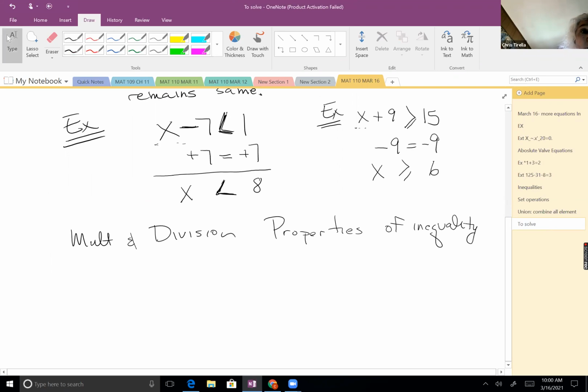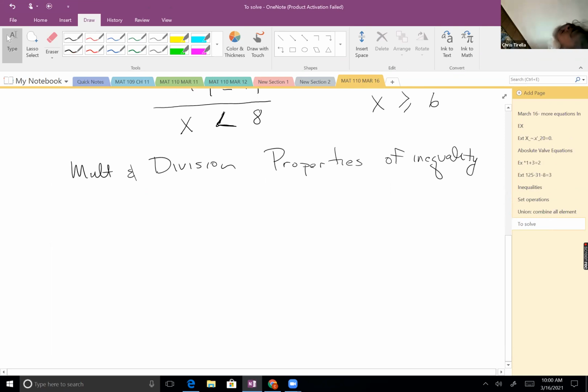And I'd like to go through an example with numbers to show you why this property holds. If I compare the numbers -3 and 1, -3 is less than 1. A negative is smaller than a positive.